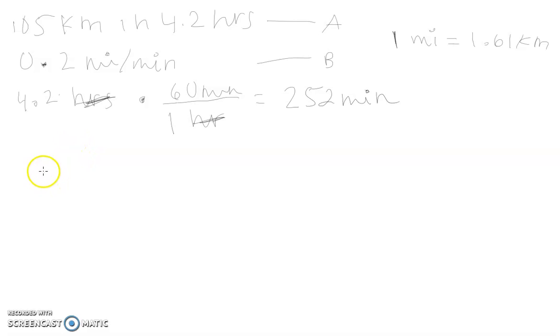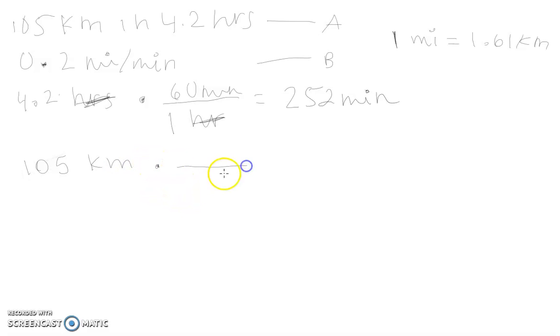But we don't know how many miles Amanda went. 105 is how much it said that Amanda biked. So we're going to do 105 kilometers, and we're converting it to miles.